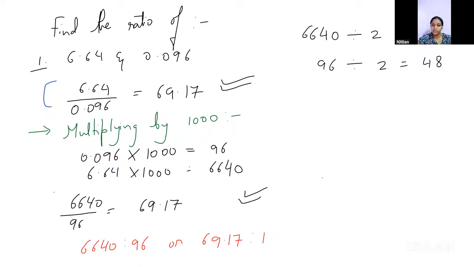So now your more simplified form can be 3320 to 48.